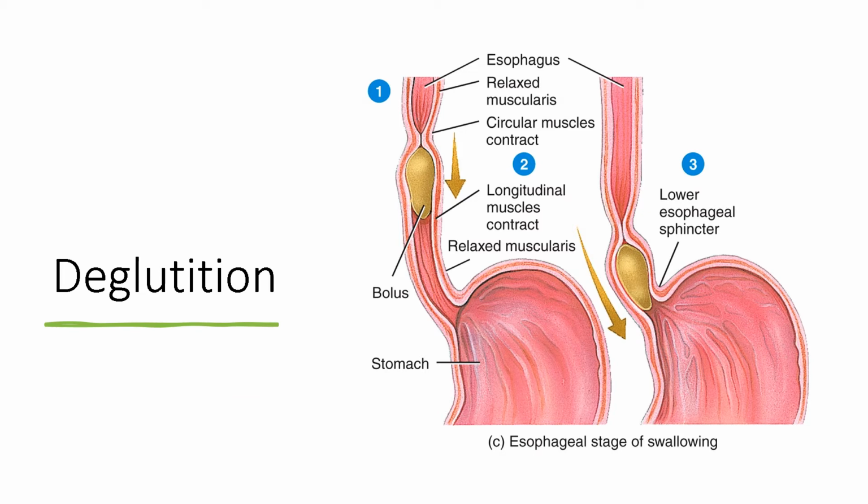Then lastly is the esophageal stage of swallowing. And this stage begins once the bolus is in the esophagus. So we have the esophagus labeled here. Now, during this stage, this is where peristalsis occurs.